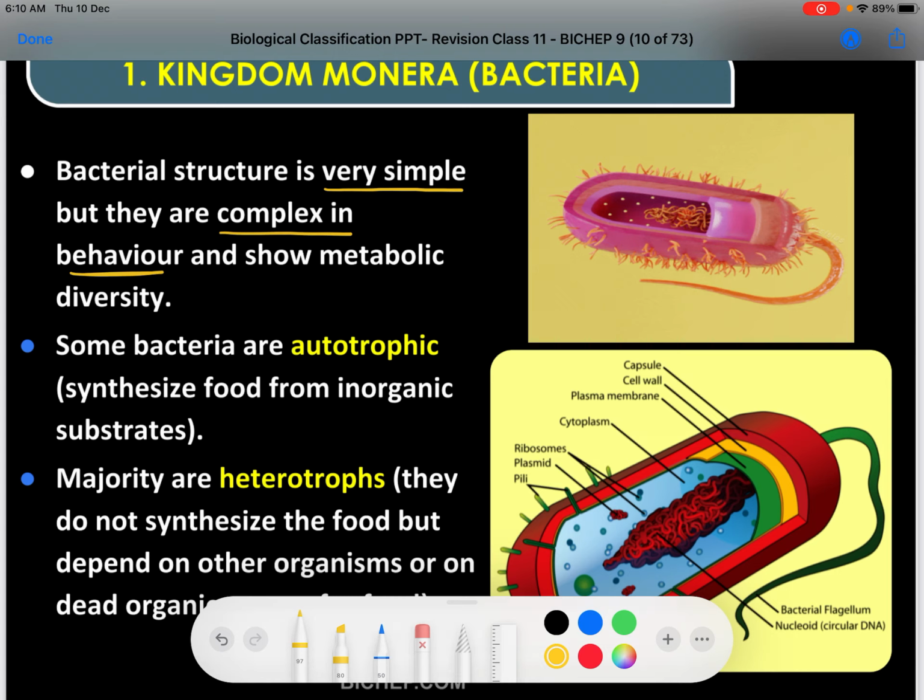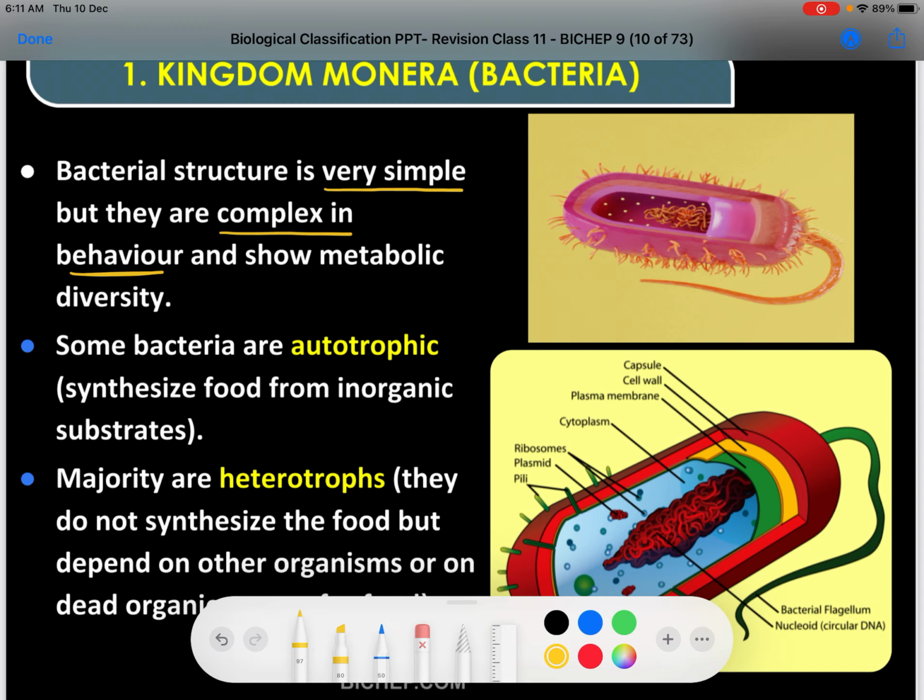Though they are very simple in structure, they can survive in a variety of conditions and atmospheres where other organisms cannot. That is why it is said that they are complex in behavior. They are found in extreme conditions where normal organisms would not even be able to survive.